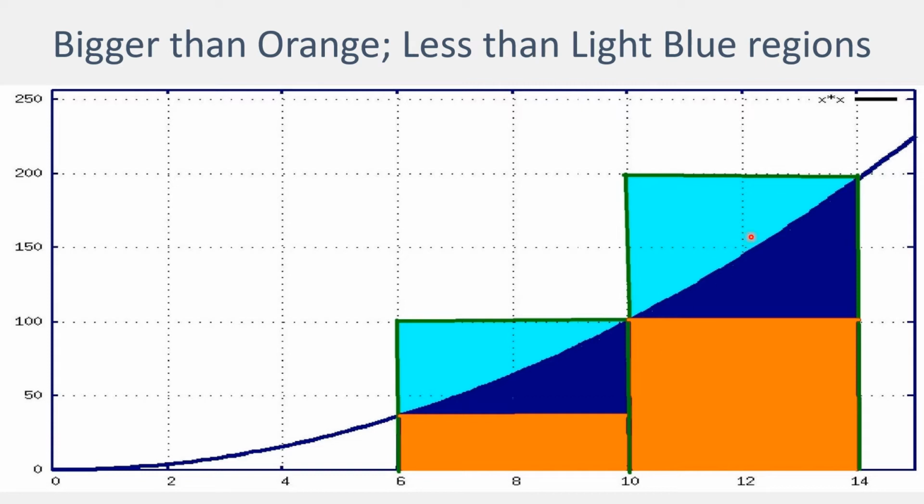So we know this area, the dark blue area, is at least the sum of the areas of these two rectangles. We also know it's at most the sum of the area covered by these two light blue rectangles.